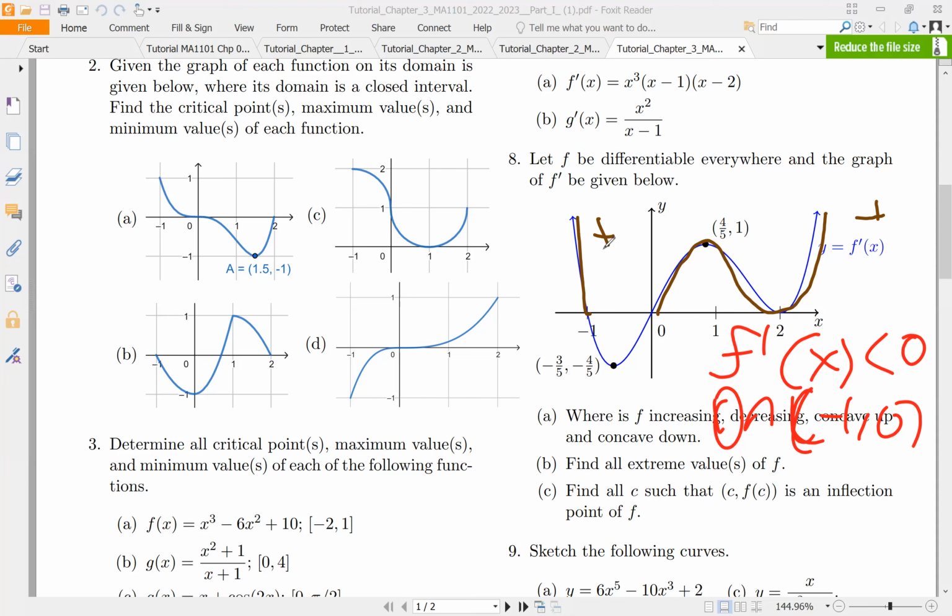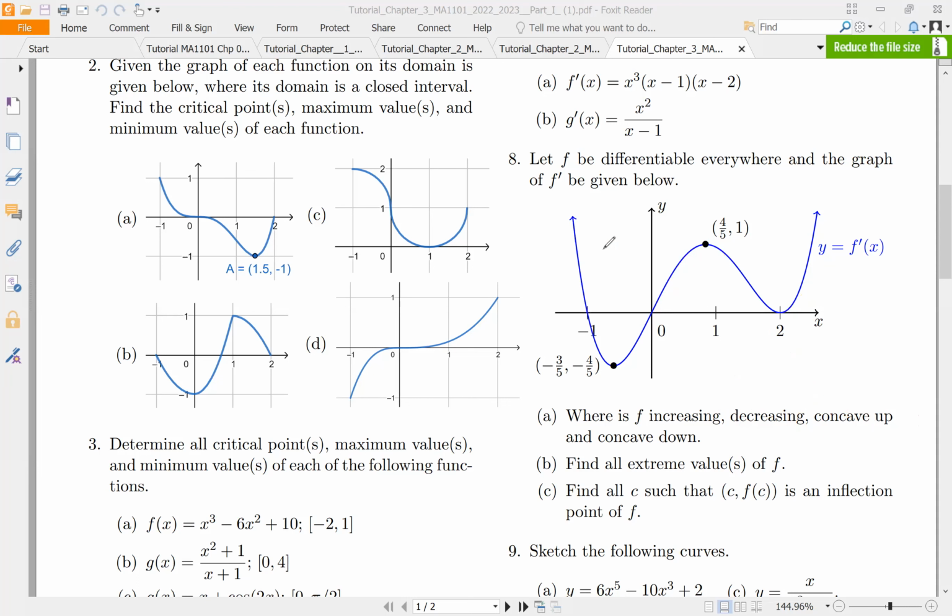On the other hand, if the question is about the concavity, you have to decide the concavity from the information about f'. Recall that if f' is increasing, then the graph of f is concave up.